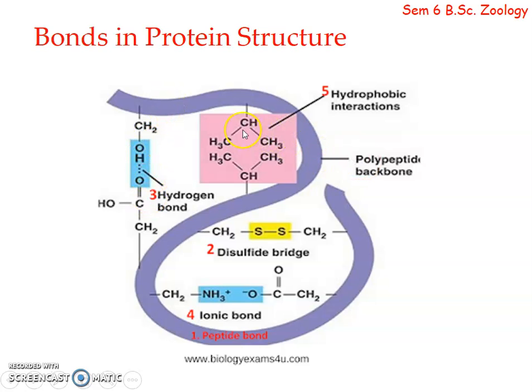And we have the hydrophobic interactions, which happen when the protein is in an aqueous medium. The hydrophobic or non-polar side chains of different amino acids come together and aggregate to develop the hydrophobic interactions. So these are the bonds which stabilize the protein structure.